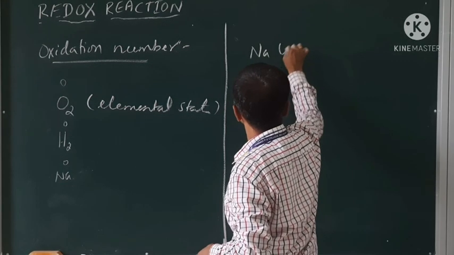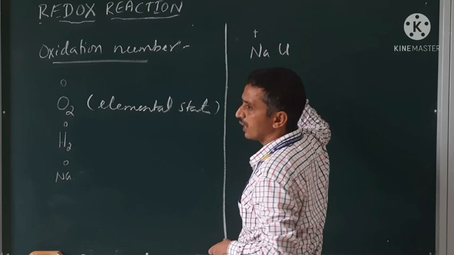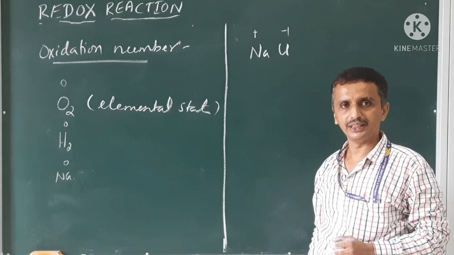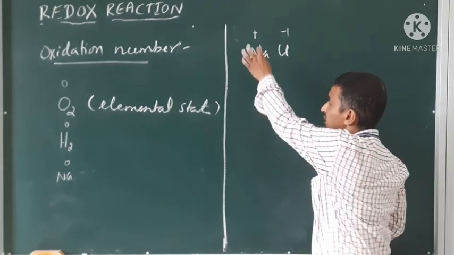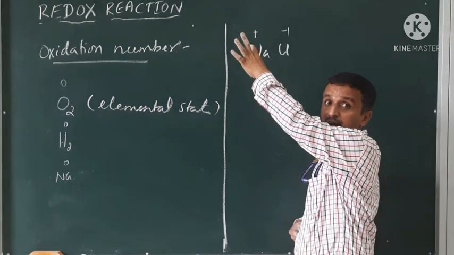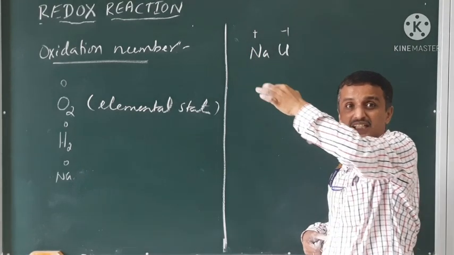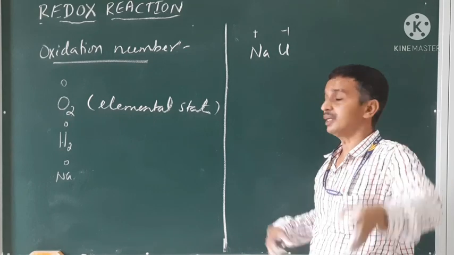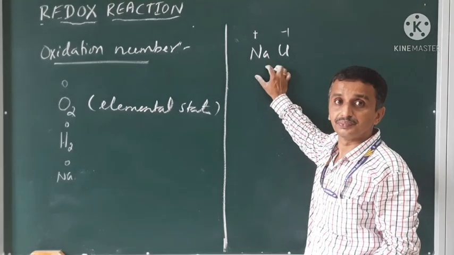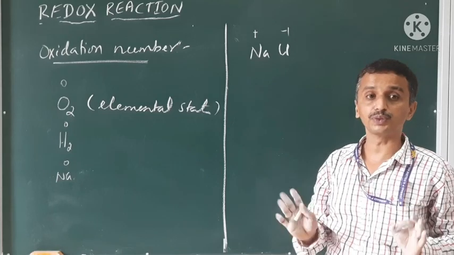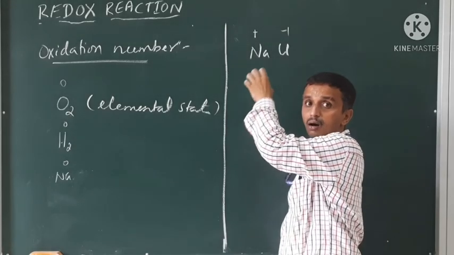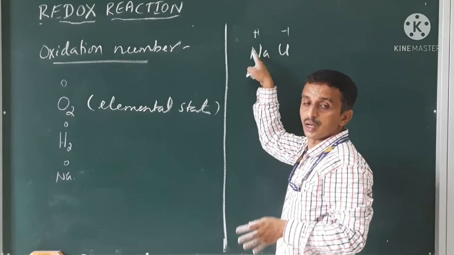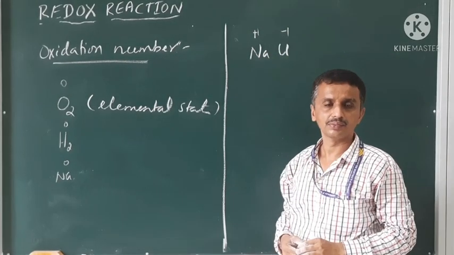See, in NaCl, the oxidation number of Na is +1 and chlorine is -1. It means the real or apparent charge possessed by the atoms of the different elements, that is called the oxidation number. Note this properly. Apparent means it looks like it is there.